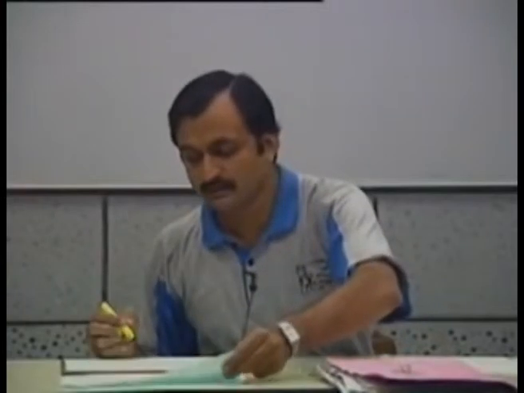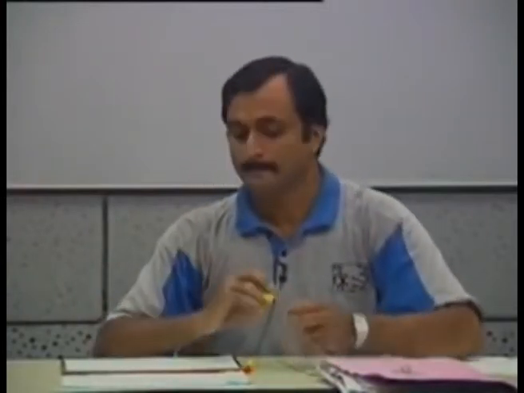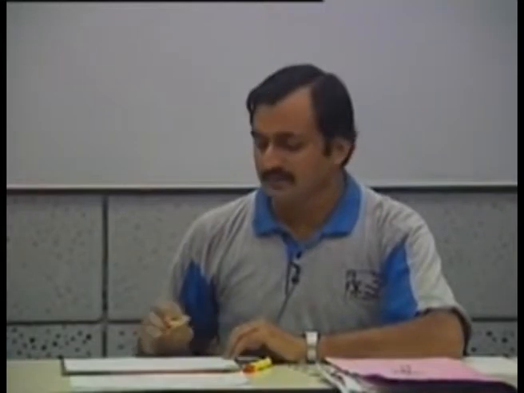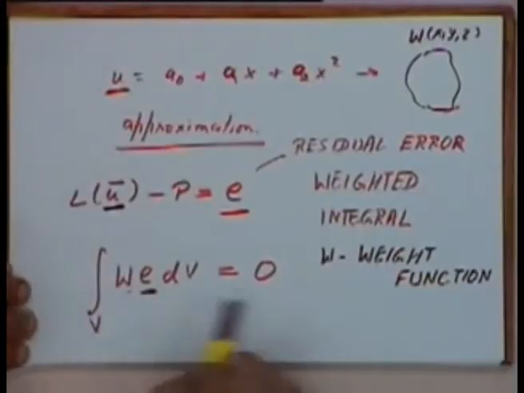Okay, so let us see, what is the question? I am not able to appreciate why after multiplying with the weighting function and integrating over the domain, and if you make it 0, we say that's a good approximation. Why does this happen? Okay, let us say ideally if I say that this integral is 0 for any arbitrary w.